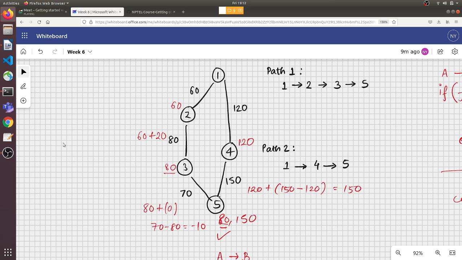Am I wrong? Like, why is n into n minus 1 by 2? Number of simple paths.